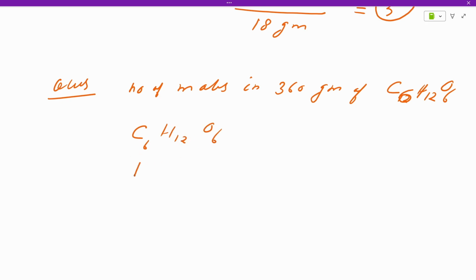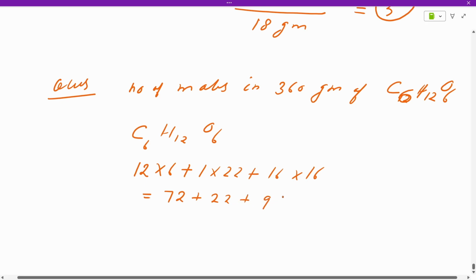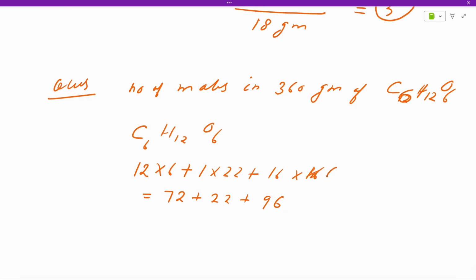C6 means one atom of carbon is 12 into 6 plus one atom of hydrogen is 1 into 12 plus one atom of oxygen into 16. So it will be 72 plus 12 plus 96. So how much is it? 180 u.